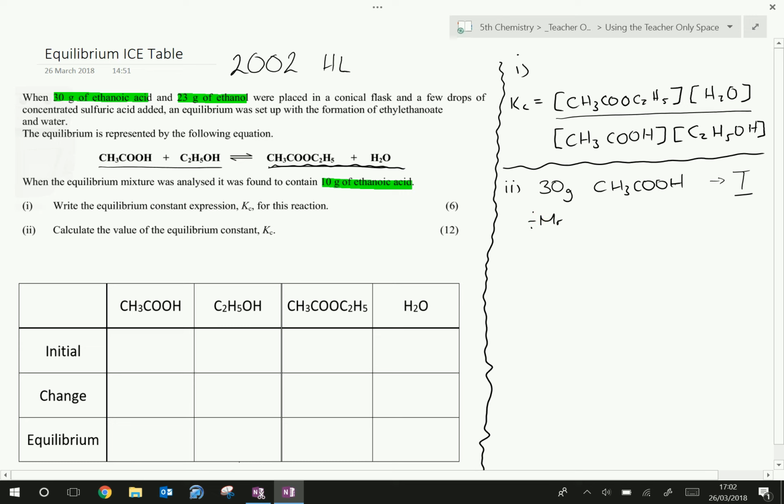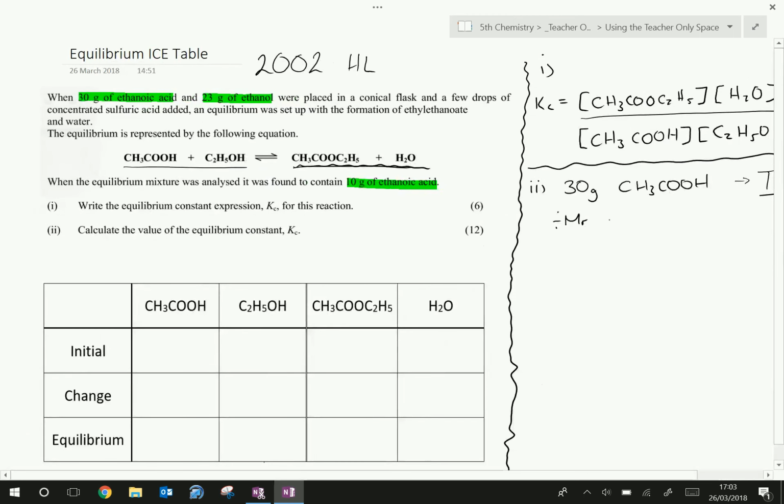So if I add up to find the molecular mass of ethanoic acid, we have a 12, 3 ones, a 12, a 16, a 16 and a 1, so it's 60. So the molecular mass is 60 for ethanoic acid, and if I divide 30 by 60, I get 0.5 moles. So that's that converted into moles.